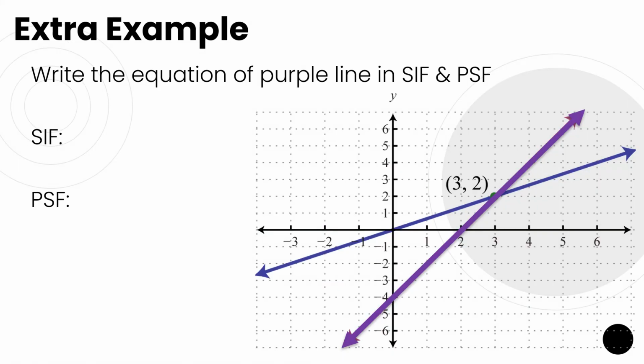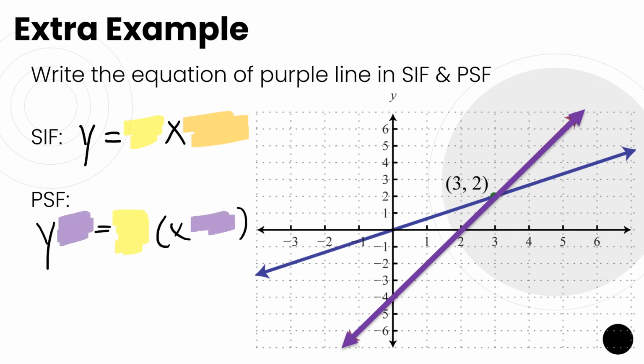Let's try this purple line here. Same approach, we're going to write in slope-intercept form, and we're going to write in point-slope form. Either way, I have to fill in my slope on both of them. I have to fill in my b value on slope-intercept, and I have to fill in my point on point-slope form.